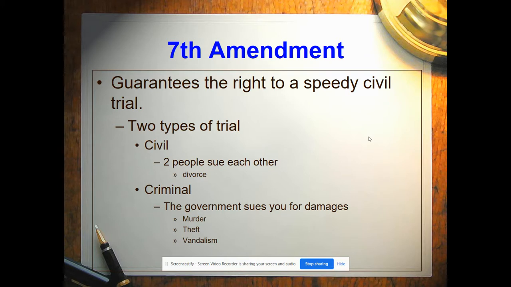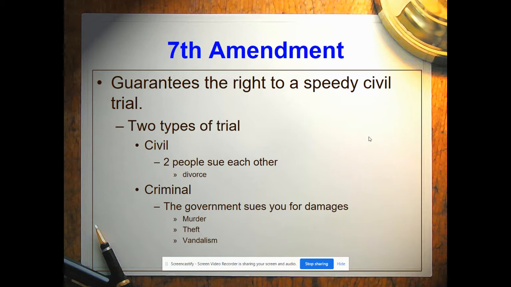And it's the people of that state or jurisdiction that are suing you for doing that action. So those are the two types of trial law we're talking about here, civil and criminal. So the Fourth, Fifth, and Sixth Amendment kind of cover criminal. The Seventh Amendment makes those same requirements, but for civil law and civil trials.